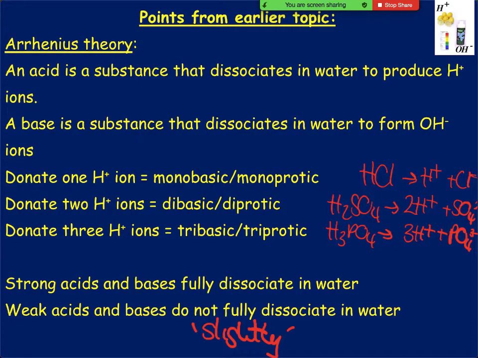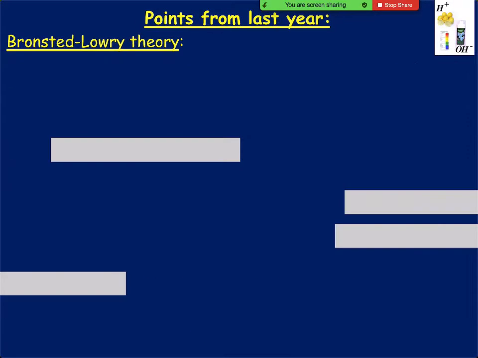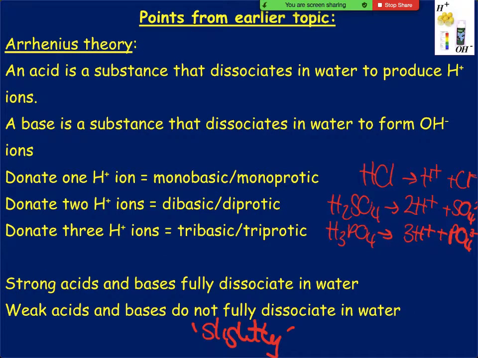Are we okay to flick? I'll take silence as a yes unless somebody shouts. So then we had Bronsted-Lowry. What was their definition for an acid or a base? Oh, wait, I'm not done finishing the past slide. There you go.